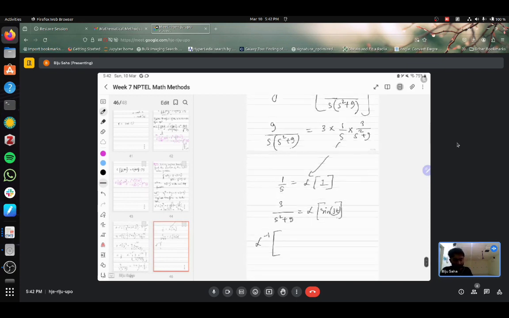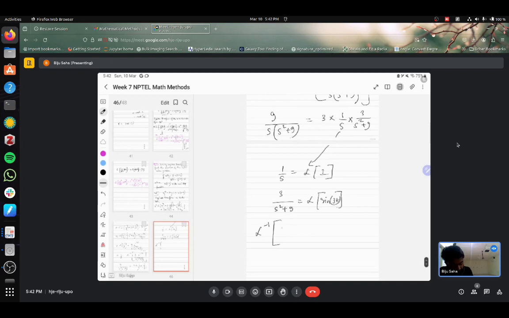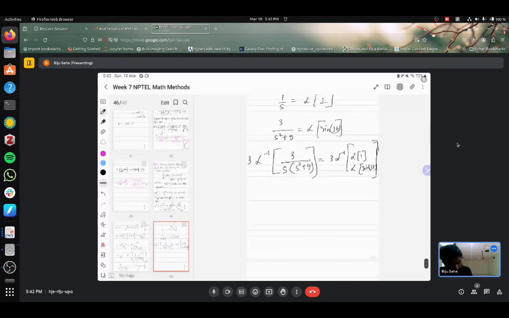But ignoring the exponential, what you have is 3 times 3 by s square plus 9, the Laplace transform of 1 in one part and the Laplace transform of sine 3t in the other part. Now use the property of convolution.